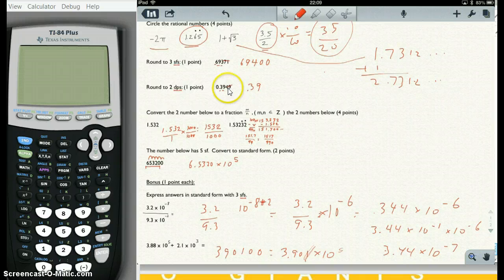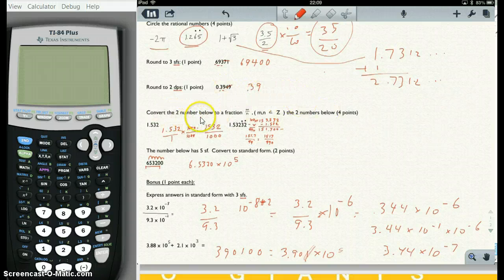Okay, but actually the last 9 here is going to be totally discarded. The 4 here is going to get looked at to see if it influences the 9. Since 4 is less than 5, it will not raise the 9 up. So this is actually 0.39, you're not going to round it up because of the 4. Okay, you don't look at the last 9, you only look at the 4.